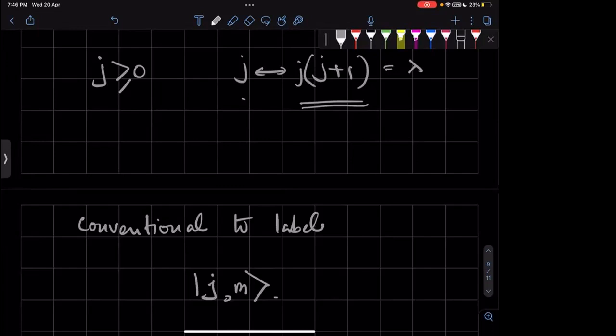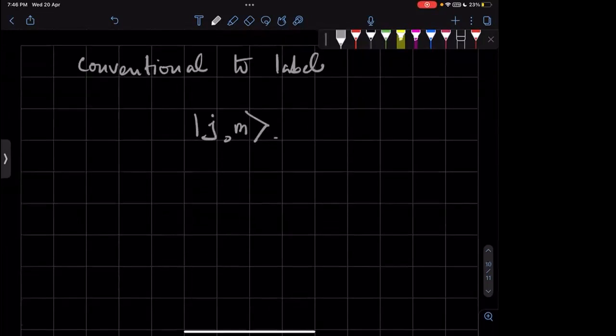In the sense that if you give me a value of J, which is something the problem will determine, then I can explicitly construct all the operators, all the matrices, as well as all the vectors on which these matrices act.